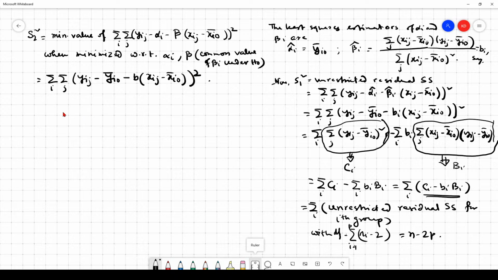If you simplify this, you get the sum of (yij minus yi naught bar) whole square minus b times the sum over ij of (xij minus xi naught bar)(yij minus yi naught bar).